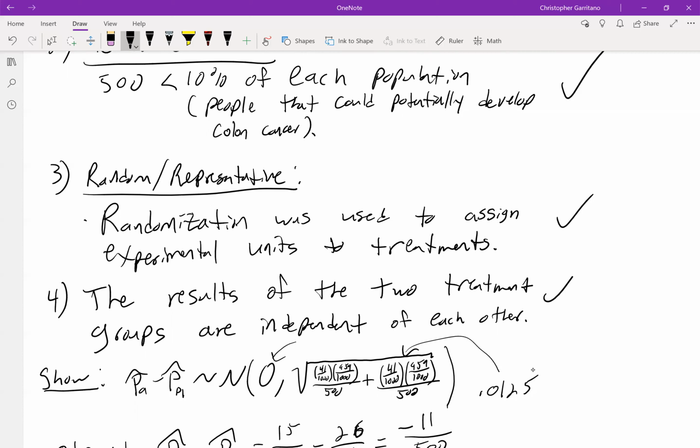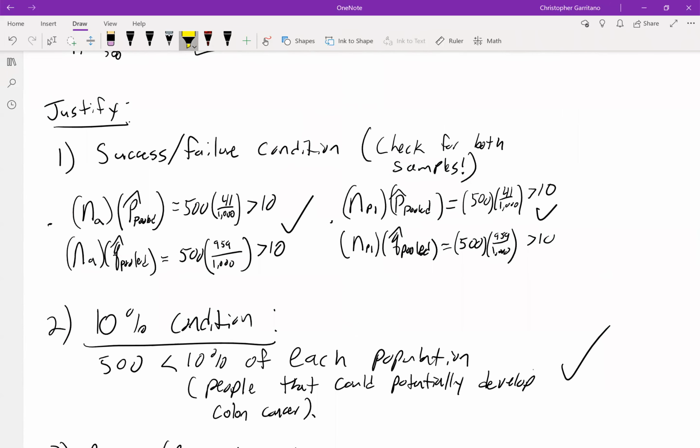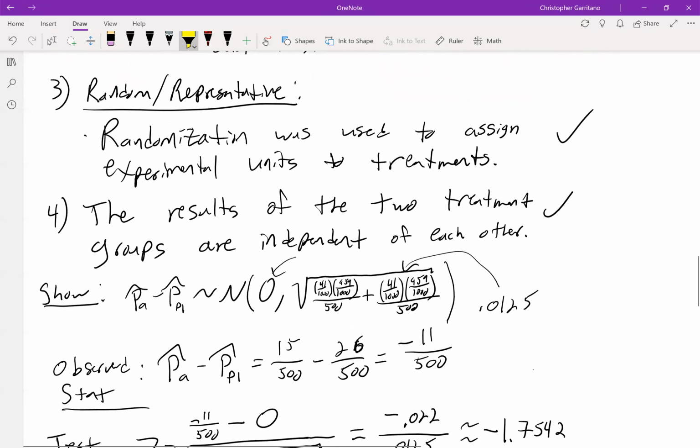But actually, of course, we're not going to use p hat 1 and p hat 2. We're going to use our better estimate of each individual parameter, and that would be p hat pooled. So make sure we're using p hat pooled in the calculation of standard error. So that's already two places where p hat pooled comes up. P hat pooled comes up in the success failure condition. These are all p hat pooled and q hat pooled values. But then p hat pooled also comes up when you're doing your pq over n values for standard error.